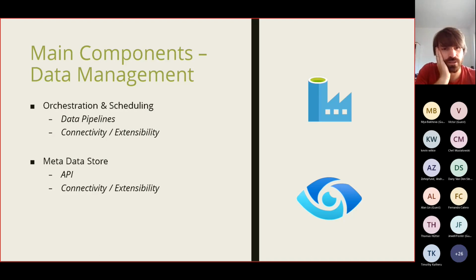And also here the connectivity and extensibility is one of the key points. Azure Purview does a really good job here, but we'll also cover some details on this later.